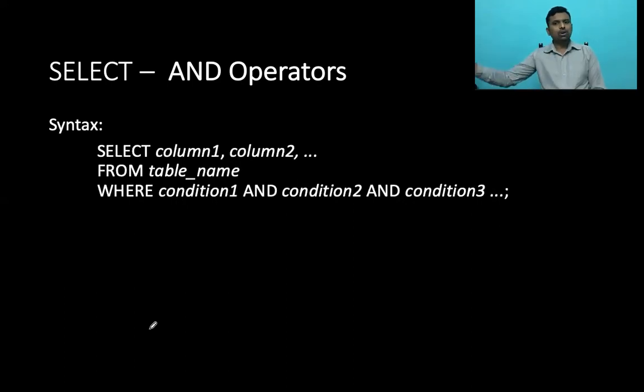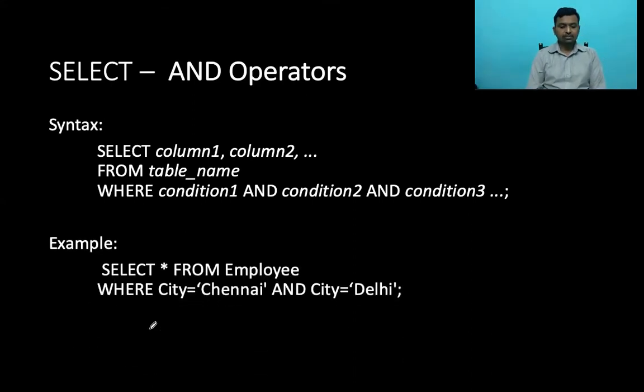Select whichever columns you want, and if you want all the columns, put a star there, from the table name where condition 1 and condition 2. You want to have more than one condition? Yes, I can do that. Condition 1 and condition 2 and condition 3. Now here I'll say select star from employee where city is Chennai and city is Delhi. Here I'm going to pick people who are from Chennai and Delhi.